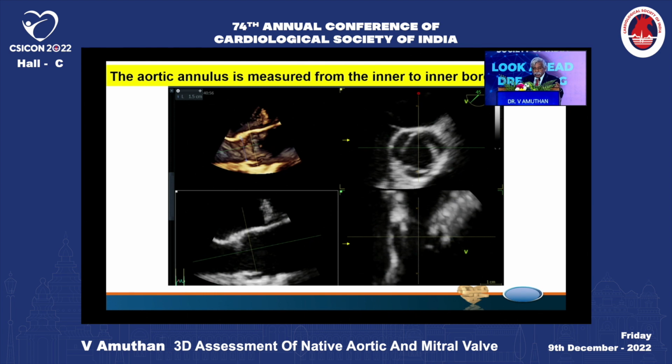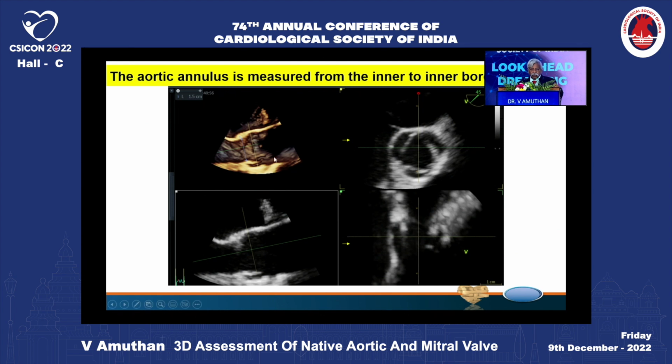The aortic annulus, how do you measure that? That is very, very important because you have to size the valve only on this. In 2D, measurements never correlate with the CMR, and 3D correlates very well. Let me explain that.